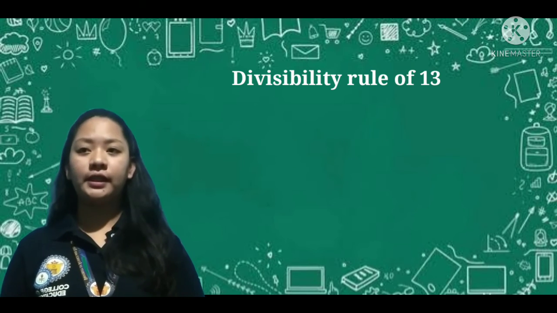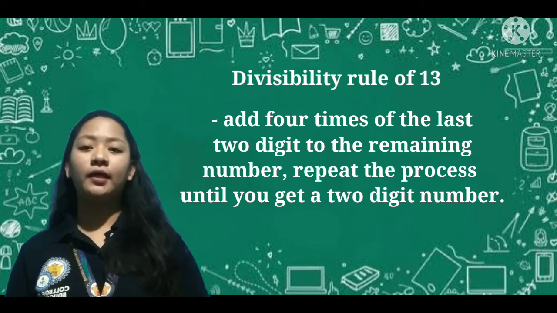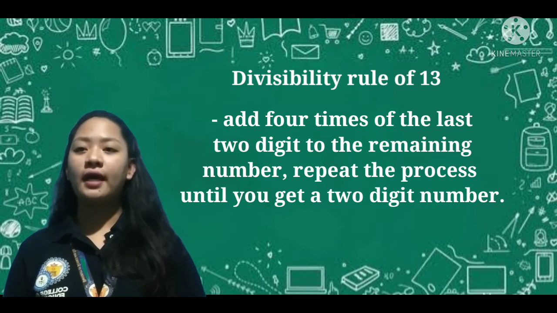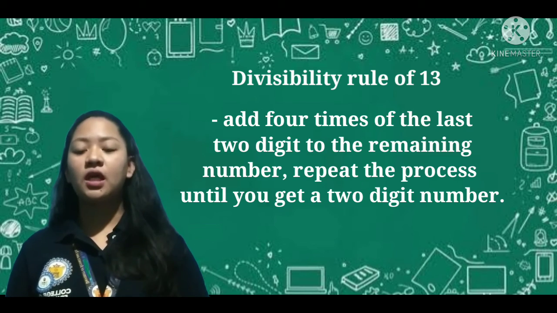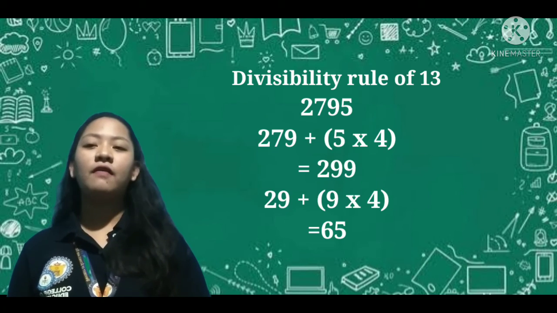Divisibility Rule of 13. For any given number, to check if it's divisible by 13, we have to add 4 times the last digit of the number to the remaining number and repeat the process until we get a 2-digit number. Then check if it is divisible by 13. For example, 2,795.